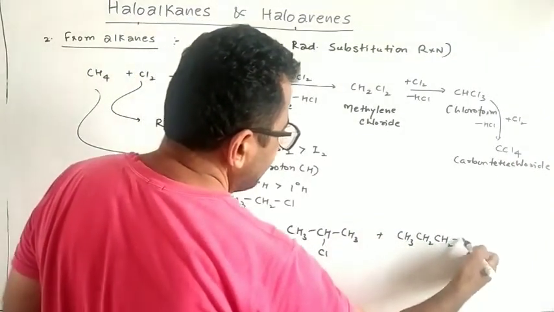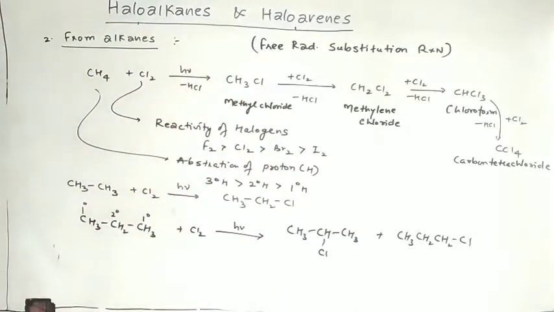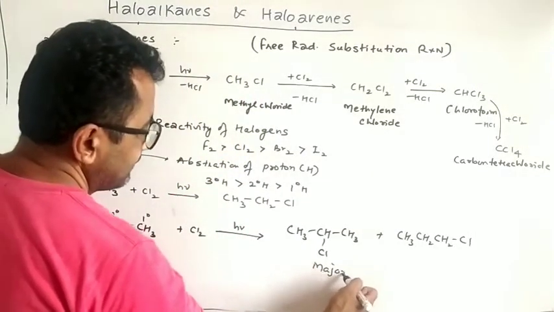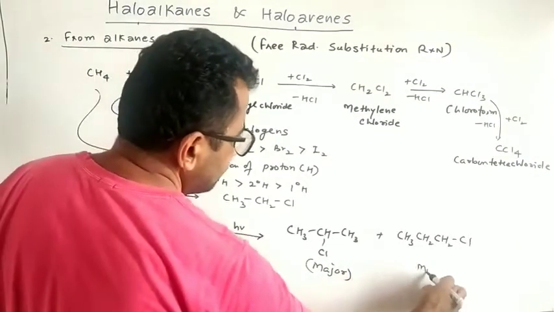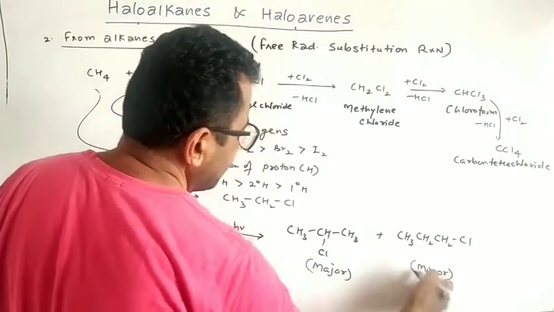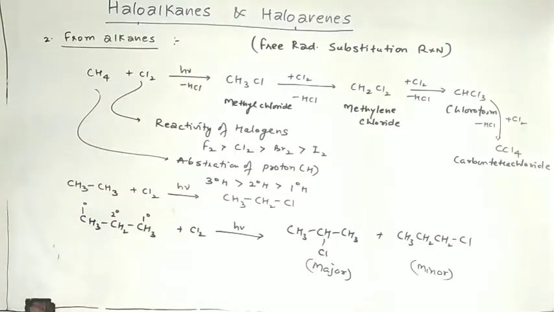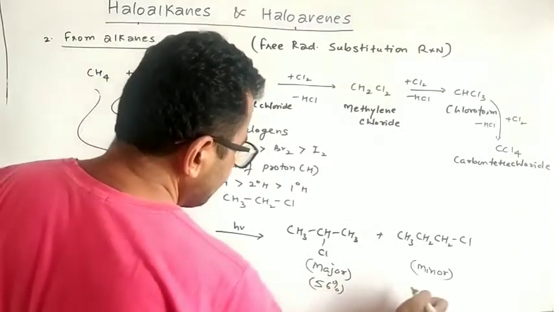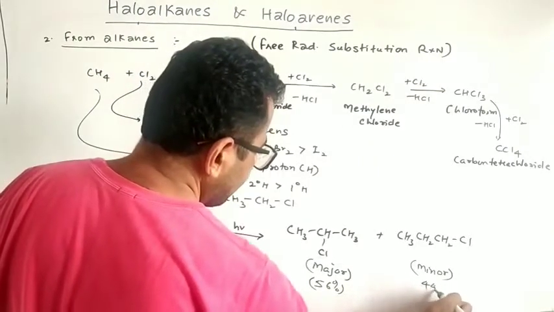When you remove 1 degree, you will get normal propyl chloride. Out of these 2, this is the major product, and this is your minor. The major product formed is about 56%, and this is your 44%.